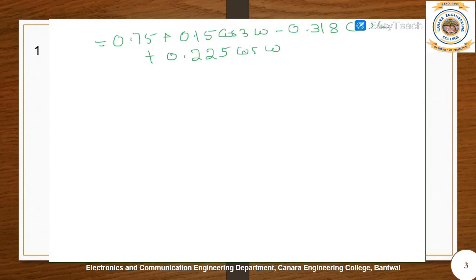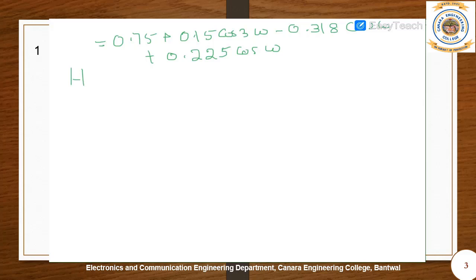On further simplification, we get this as 0.75 plus 0.15 cos of 3 omega minus 0.318 cos of 2 omega plus 0.225 cos of omega.